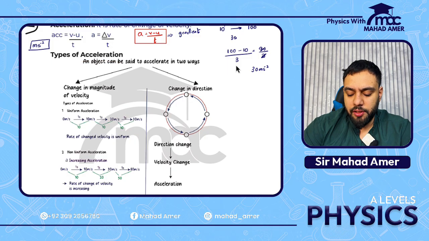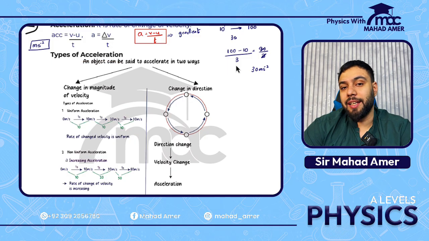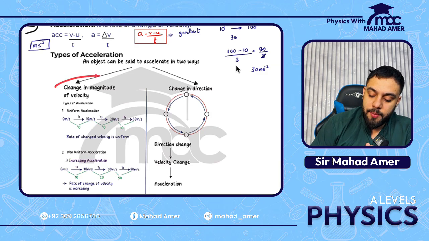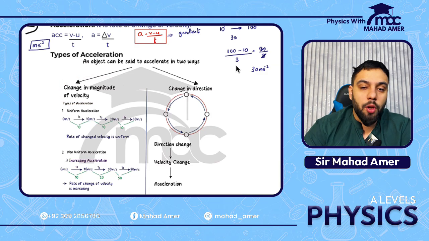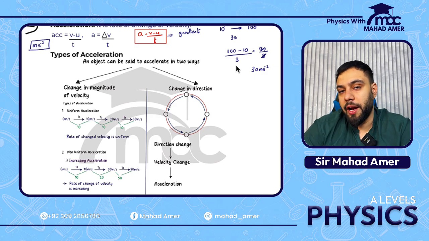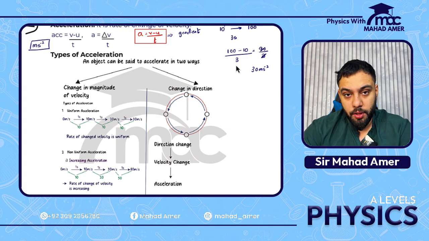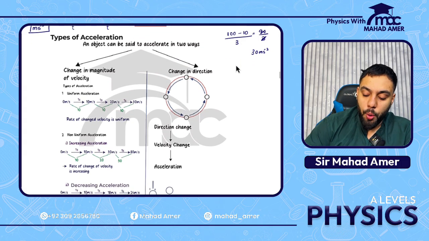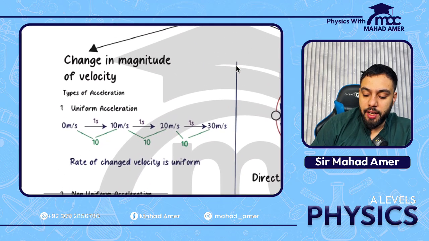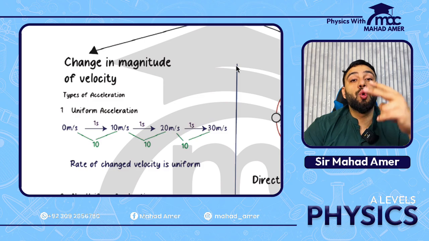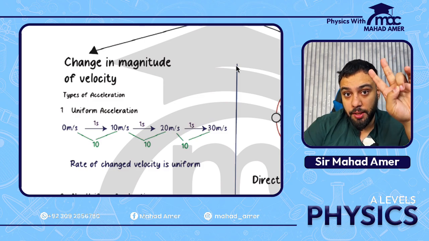Kids, in general, we say an object is said to be accelerating when it is doing two things. First, it is actually changing its velocity value, more to high or high to low, doesn't matter, but that's said to be accelerating. And the second one is change in direction. If an object is changing its velocity's magnitude, there are two types of acceleration.